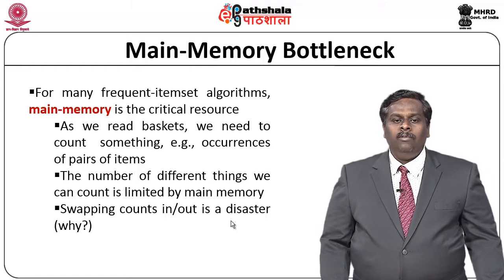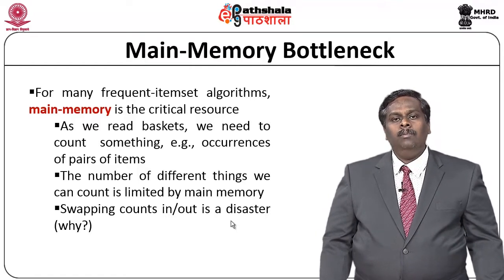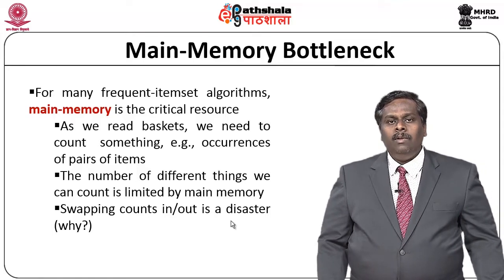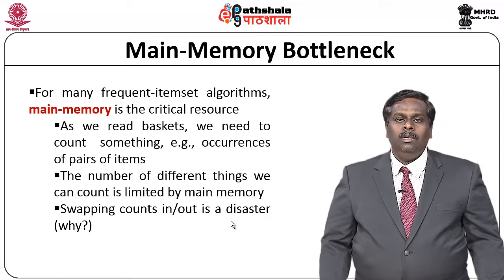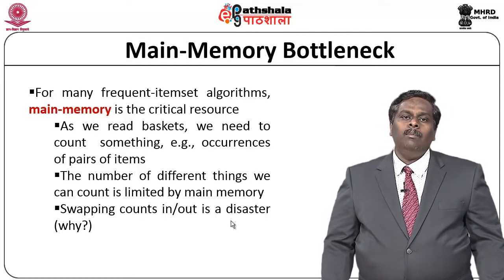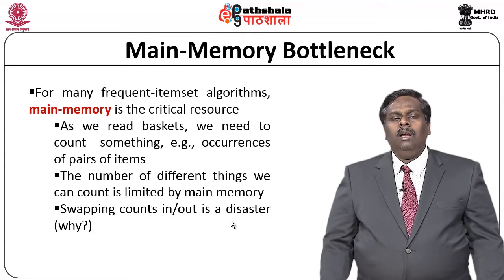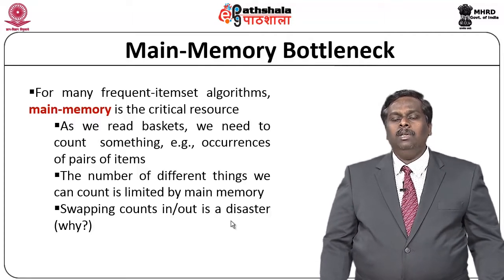One is the item itself indicated by its number or ID, and the other is the frequency of these items. Therefore, when we think that we have main memory to accommodate say 1 lakh items, we are actually not dealing with single items, we are dealing with pairs of information about the item. Therefore, only half of the memory will be used for holding items and the remaining half will be used for holding the frequency associated with these items.